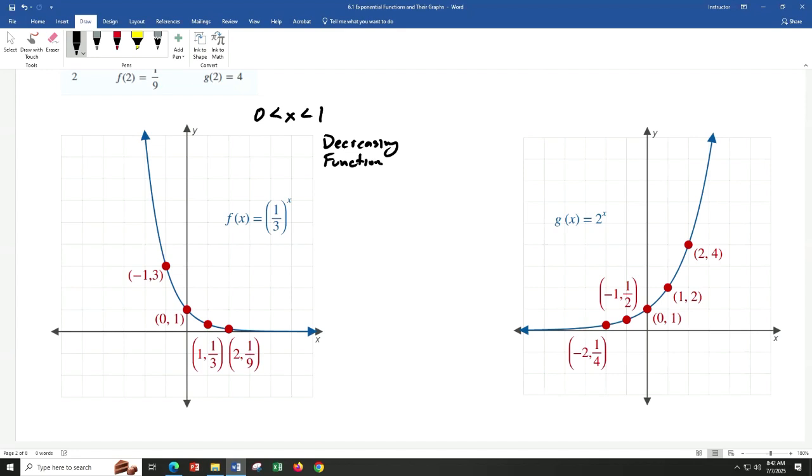And while it may not look it, this decreasing function here, as f of x approaches infinity, x goes to negative infinity. As f of x approaches 0, x approaches infinity. Remember f of x, that's your y value, right?